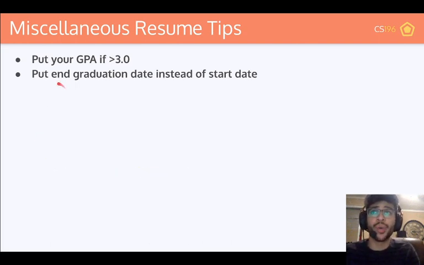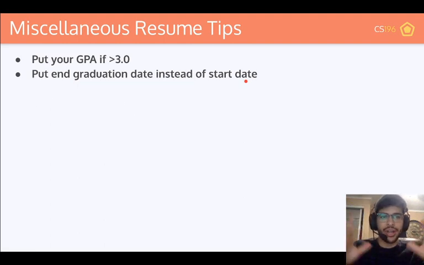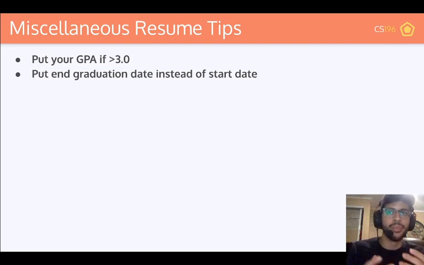Put your graduation end date instead of the start date. If you have like 50 credit hours coming in as a freshman or whatever it is, and you're like sophomore or junior status, don't say that because they don't care. But what they do care about is if you are planning on graduating early. Because being a junior by credit hours means nothing unless you are actually planning on graduating early.